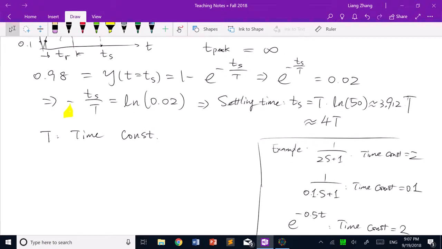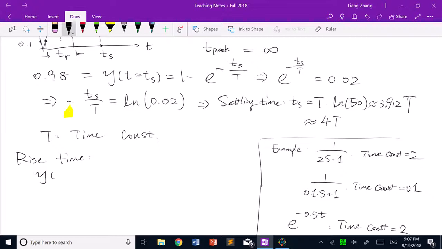Okay, so this is the rise time. I'm sorry, the settling time can be calculated rather easily. Now let's do the calculation of the rise time, which is also quite simple. To calculate rise time, you need to calculate how much time it takes to go from 0 to 0.1 and from 0 to 0.9, and then you take the difference of the two.